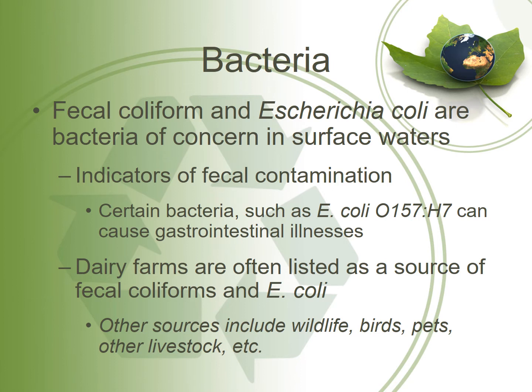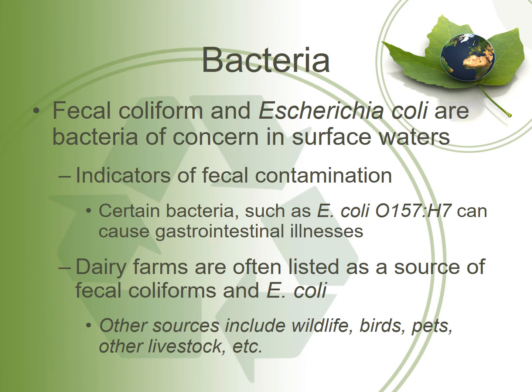Bacteria is also a concern. Bacteria, either fecal coliform or E. coli, are really concerns in surface waters. Bacteria in the water can indicate fecal contamination, and one indicator is a certain E. coli called O157:H7.